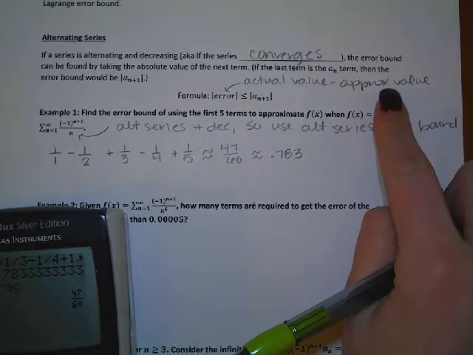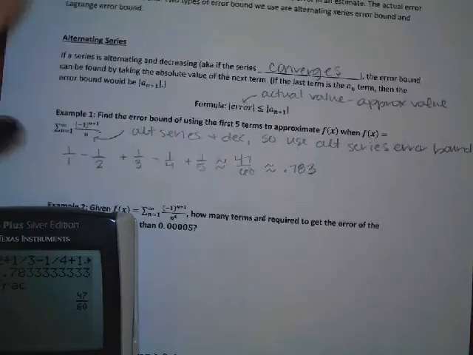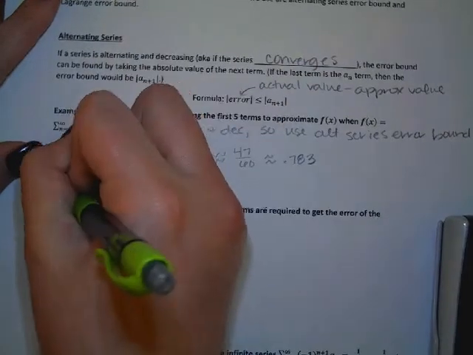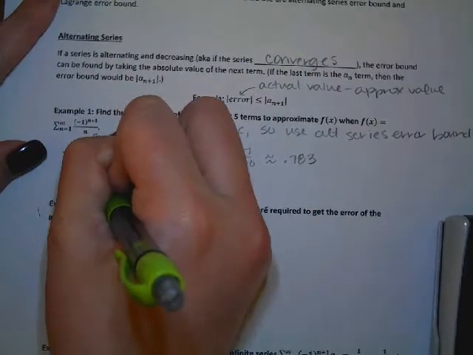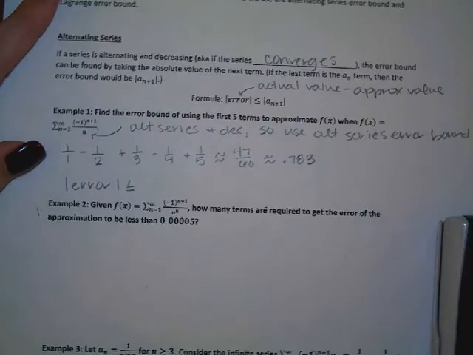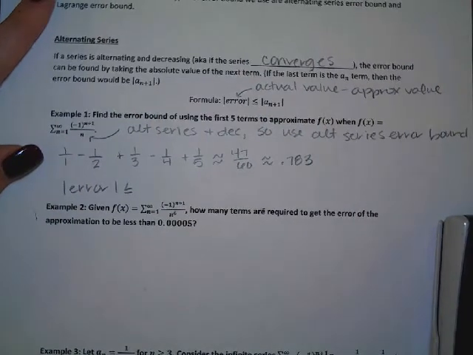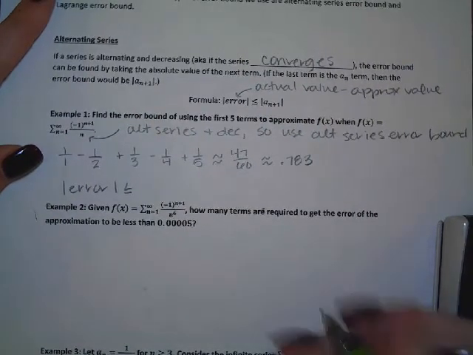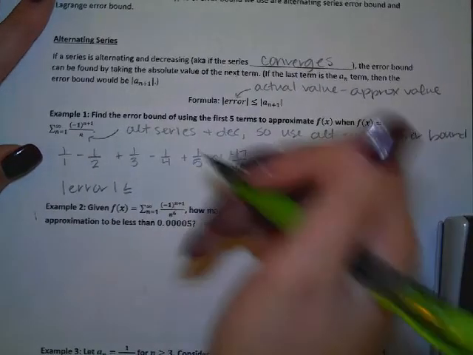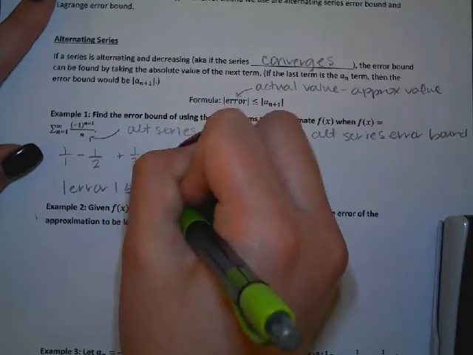That's our approximate value. So if we wanted to know the bound of how far off our answer could be, it's going to be the next term of the alternating series. If I follow the pattern, the next term is going to be negative 1/6.